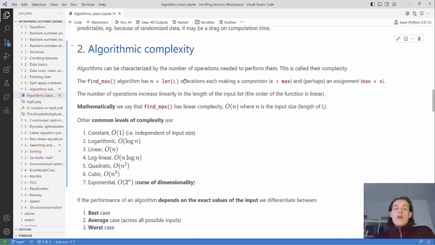So this is one way to characterize sort of the performance of an algorithm, and the way you do it is just to sort of count the number of operations needed to perform the algorithm for a given sort of measure of the length of the input argument. So typically that would be the length of a list if you're doing something on a list, but it can also be how large the number is, how many digits there are in the number, sort of whatever matters for how many operations you have to do.